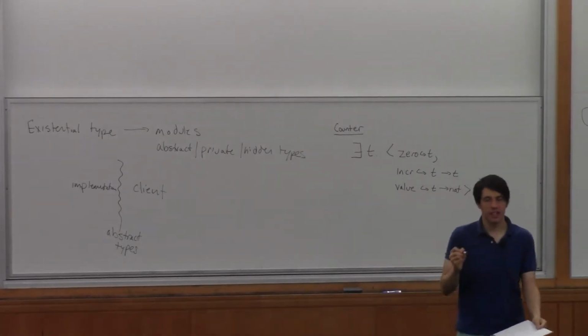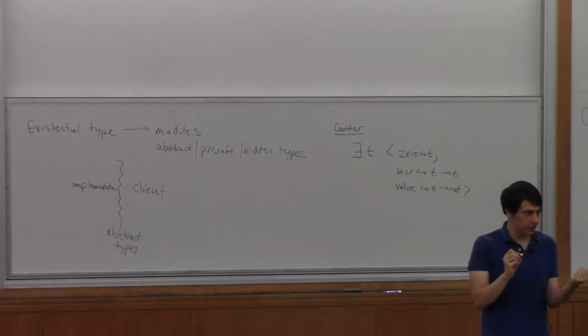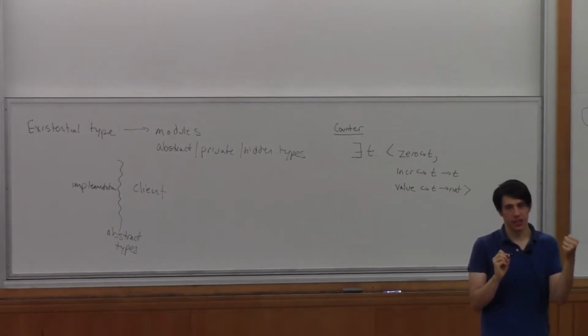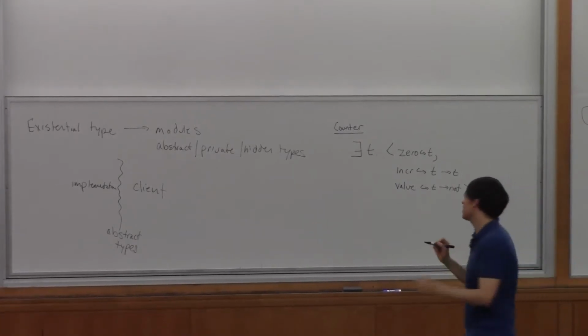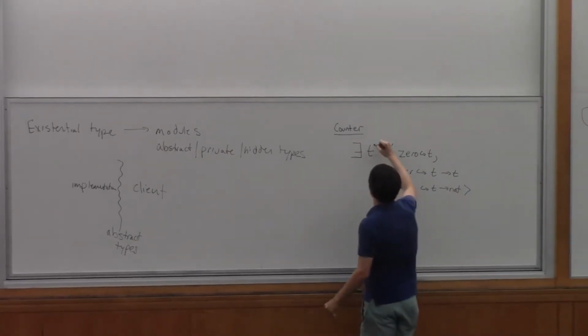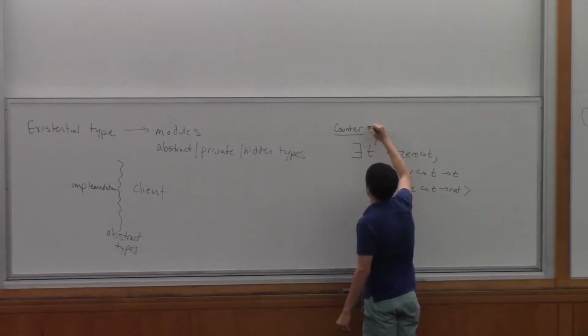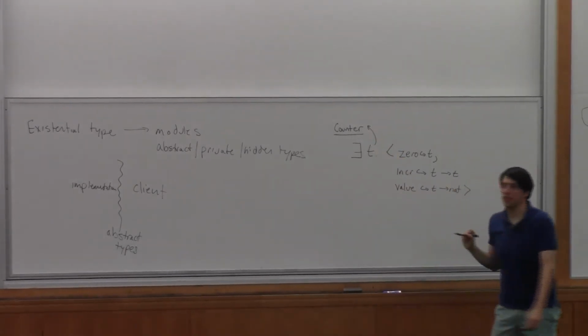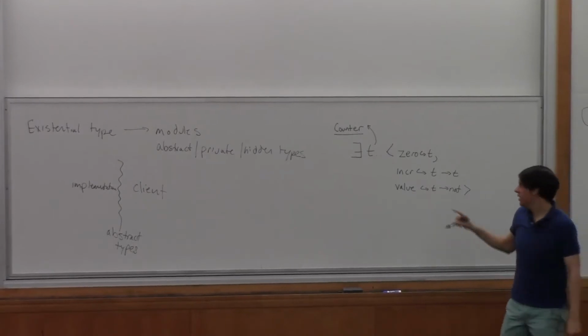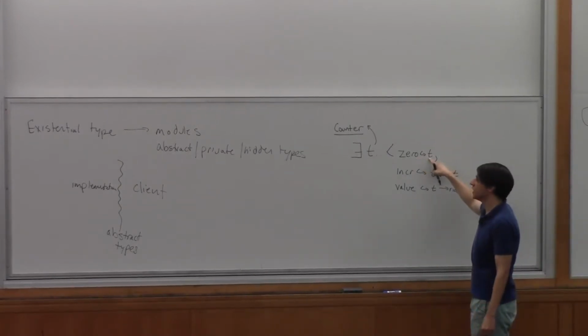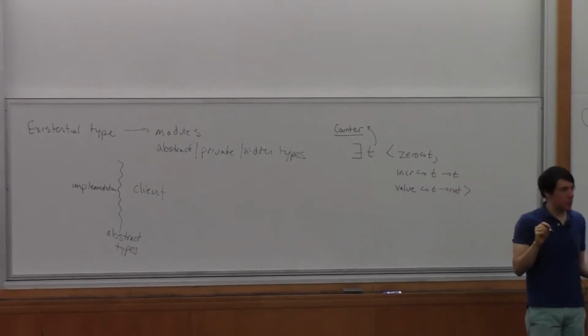Okay, so what I'm trying to describe here is a module that has one private type, which I'll call T, and three operations. Think of T as the representation of a counter. Three operations on counters. There is a zero counter of type T. You can increment a counter, that is, you can add 1 to the counter.